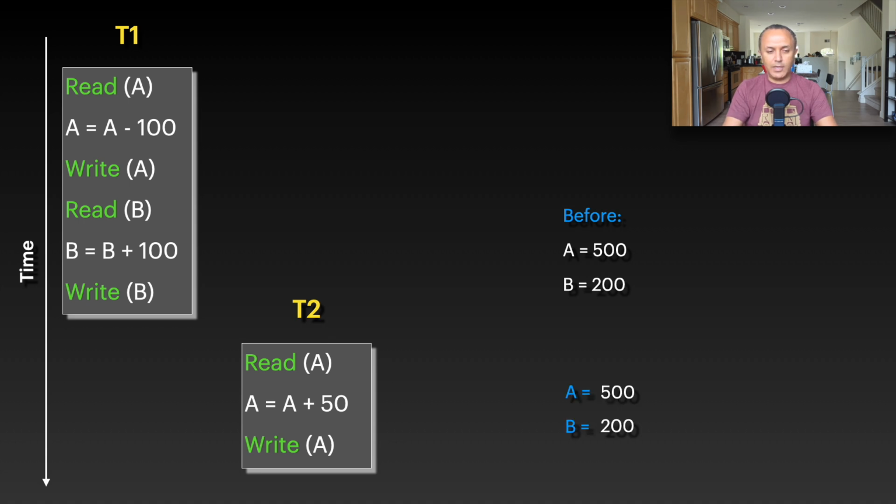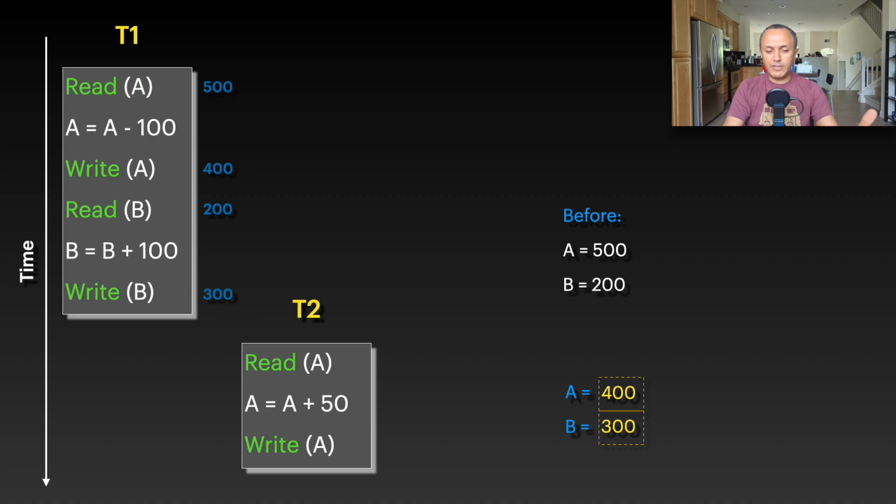A will be read in T1, that's 500, subtract 100 and then write the result. So now we're going to write 400 in A. Again, this is not committed yet. I also did not write the commit statement here, but assume that the end of the box is the commit statement. Then we're reading B, which is 200, add 100 to that, and then write the new value. So it's going to write 300 to B.